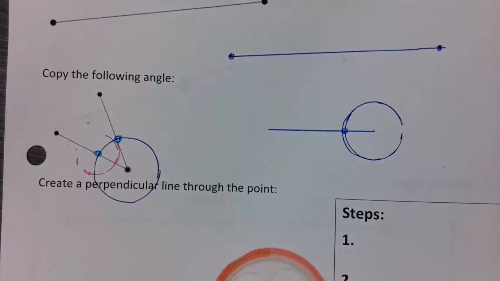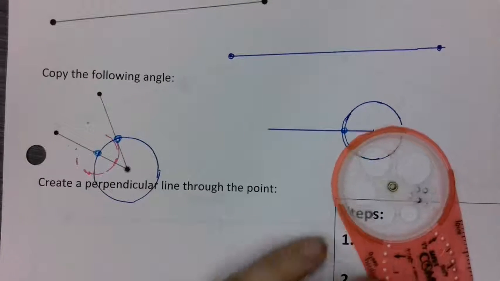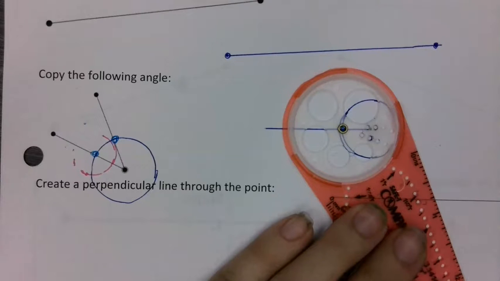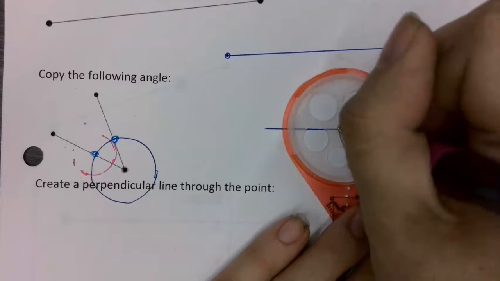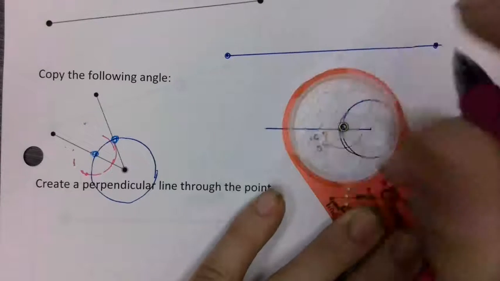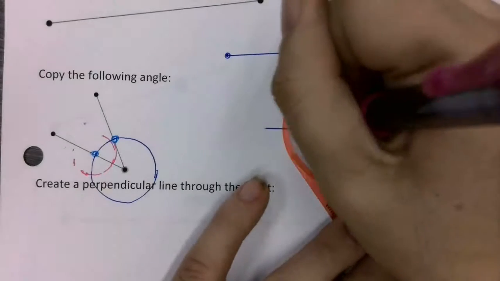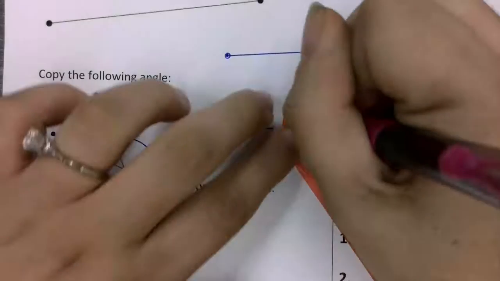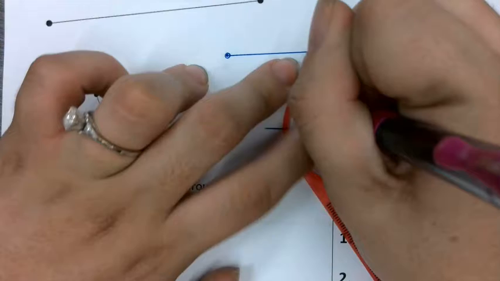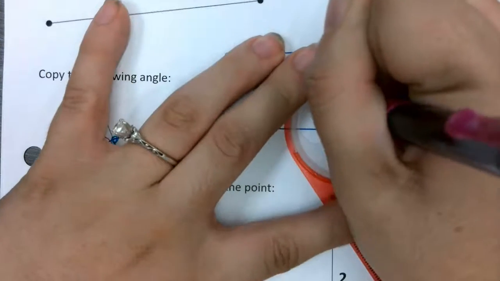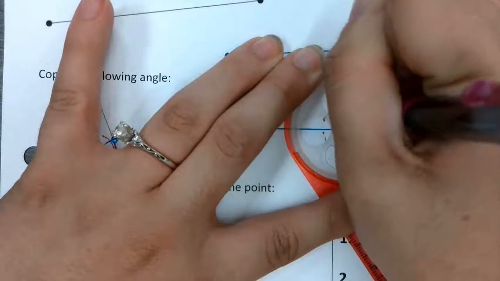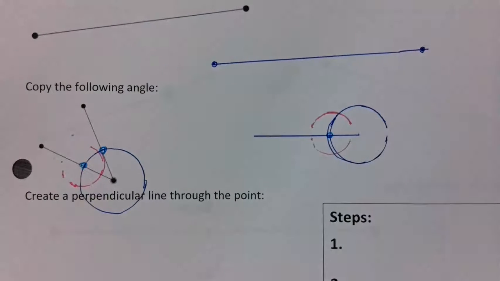Okay. I'm going to pretend like the whole circle went, because my thing's not spinning. Well, that's good enough. I just knew where they crossed again.